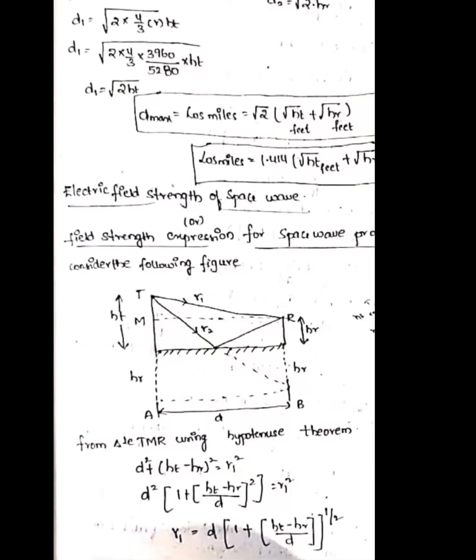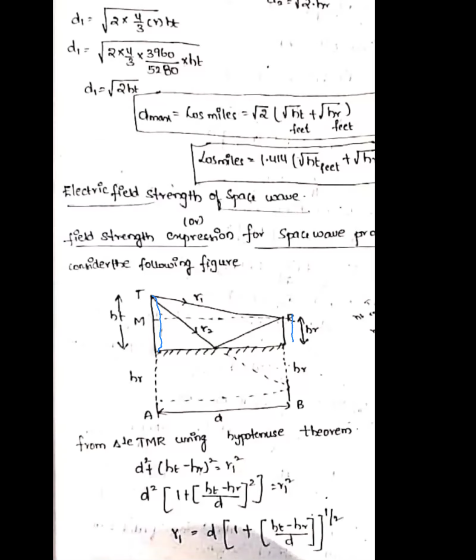Now see here. This straight line is a transmitter. This straight line is a receiver.